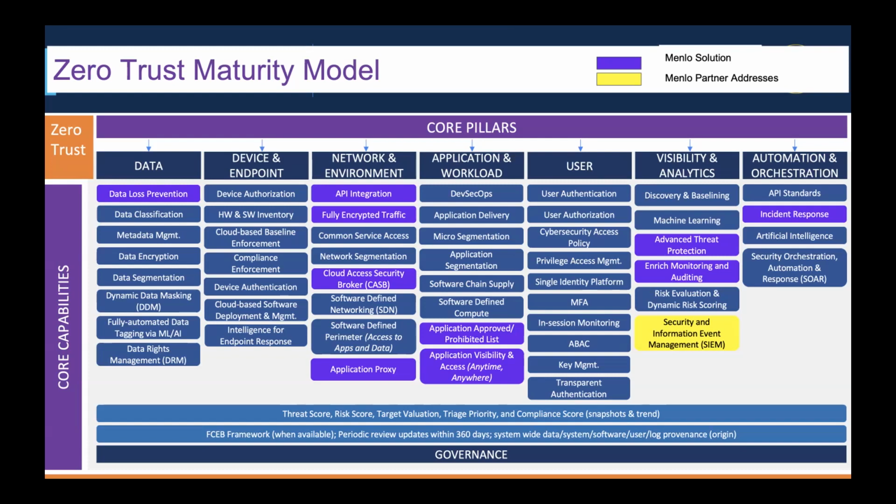And then wrapping up with visibility and analytics, we're able to provide advanced threat protection using our product natively, as well as some of our forensic tools, and to work with monitoring and auditing platforms that need our data to have visibility into the users and what they're doing to help comply with any audit requirements they may have.